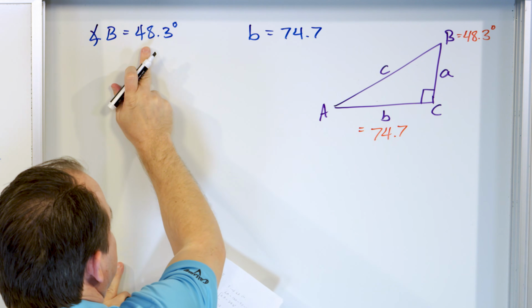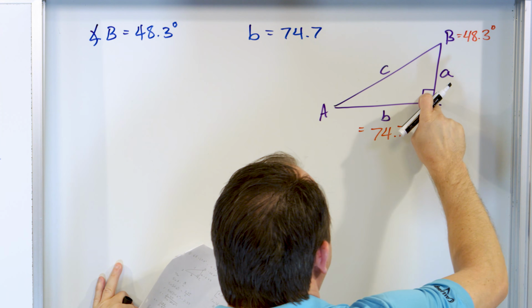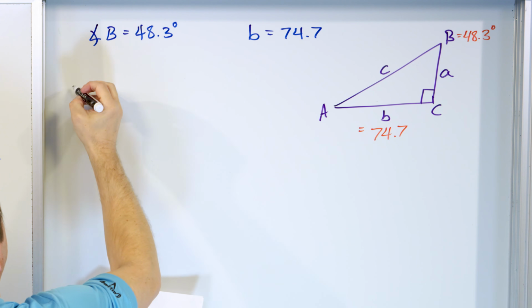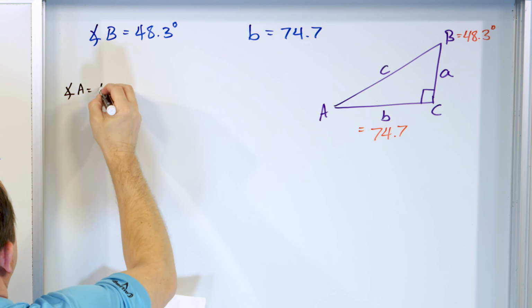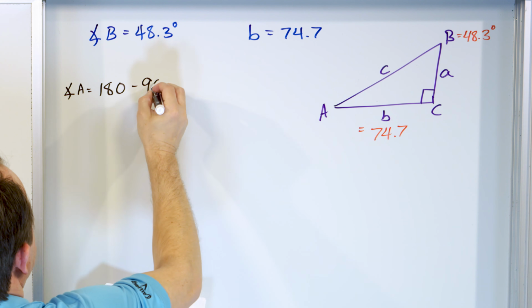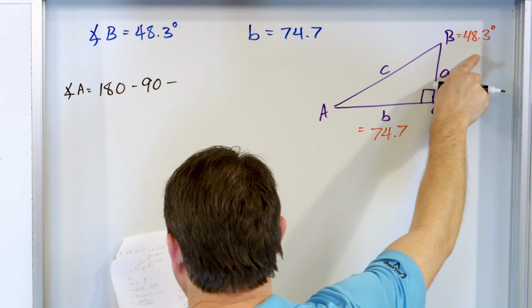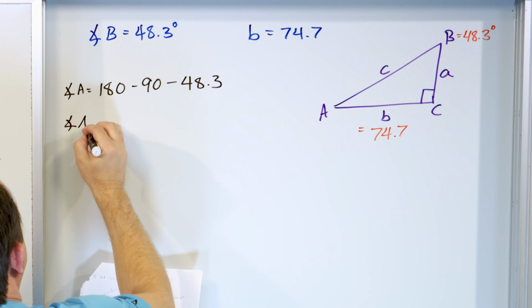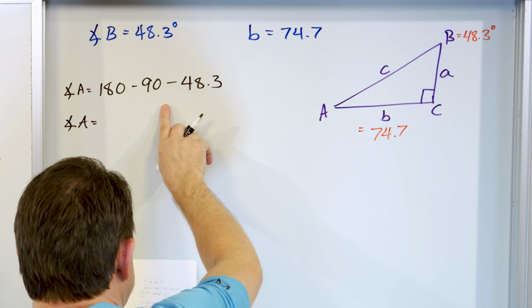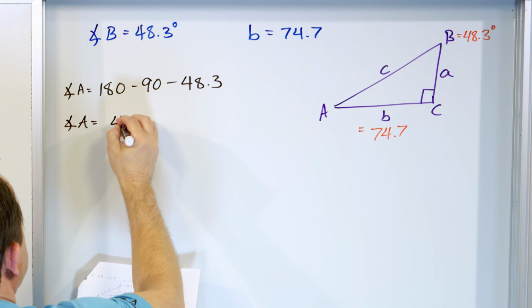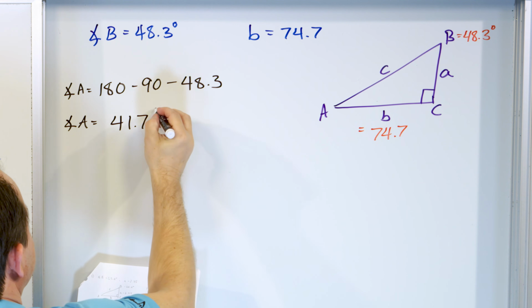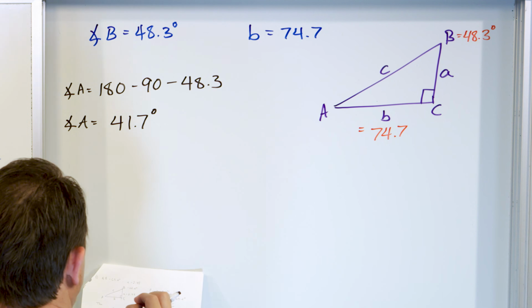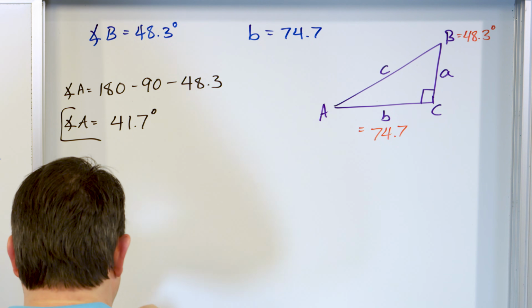I have angle B right here, and I also have angle C. So I can immediately solve for angle A. Angle A is going to equal 180 minus the 90 degree angle minus the other angle, 48.3. When you take 180 minus 90 minus 48.3, you get 41.7 degrees, and that's the final answer for angle A.